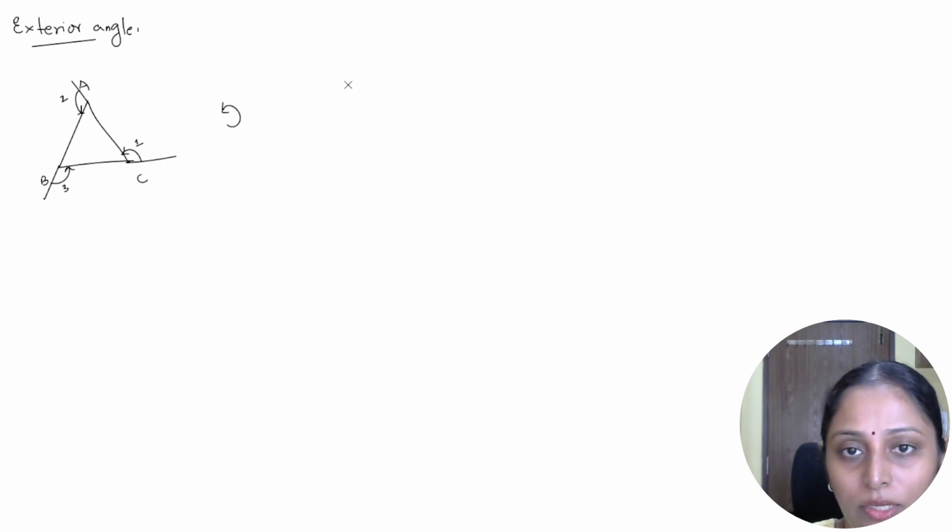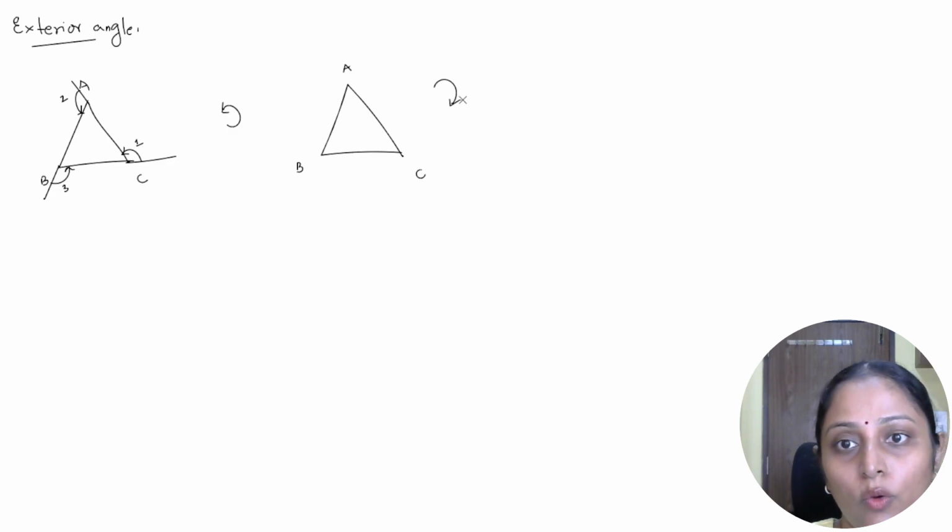Now here, if I were to change the direction, that is, if this is the same triangle ABC and I extend the sides in the clockwise direction, what will happen? The extended side with the adjacent side, these are the exterior angles.